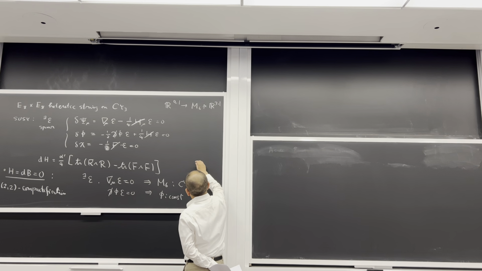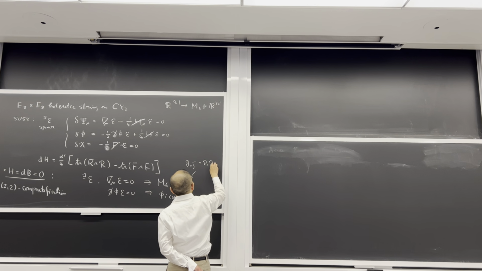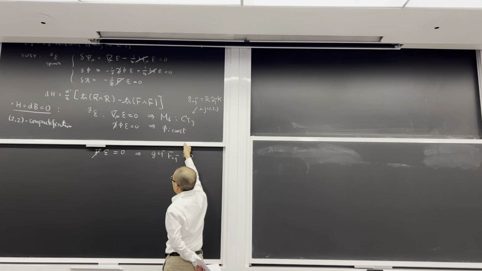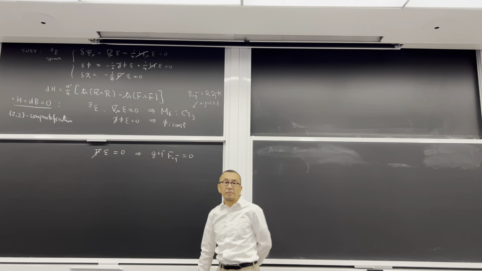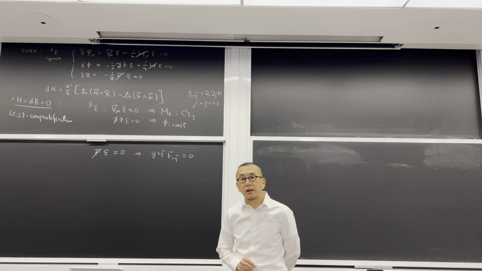Okay. So Calabi-Yau has this Ricci-flat Kähler metric. It's a complex manifold, so we can use complex coordinates, and the metric can be written in this way with some Kähler potential K, where i and j go from 1 to 3. And this condition implies this condition. This is actually a higher-dimensional generalization of the self-dual equation.